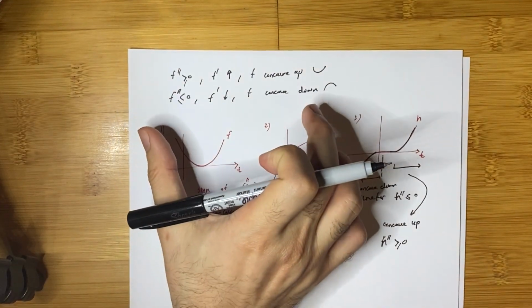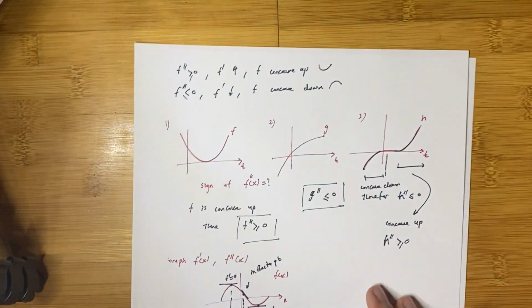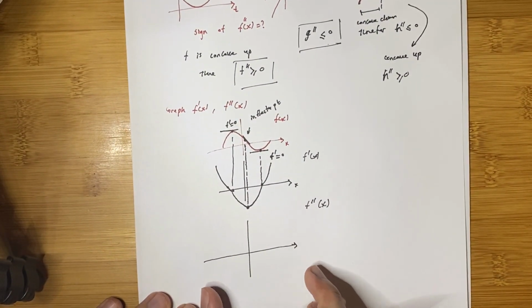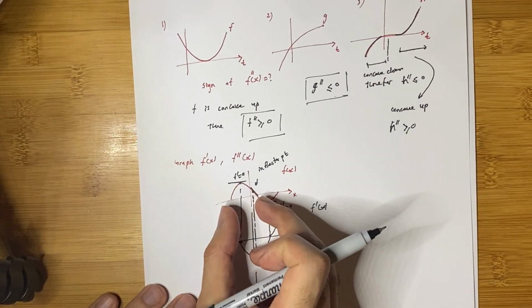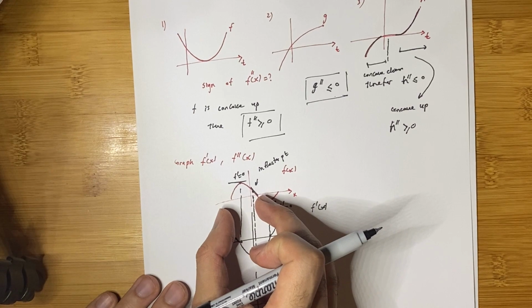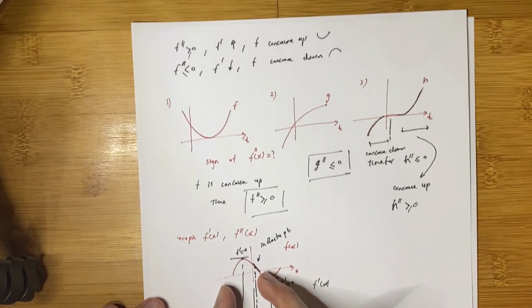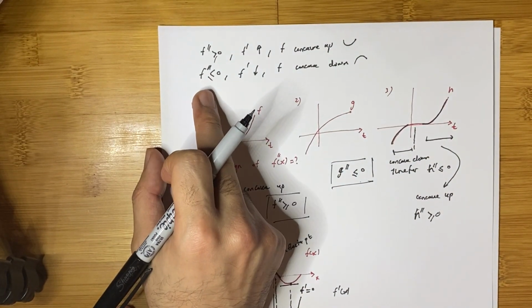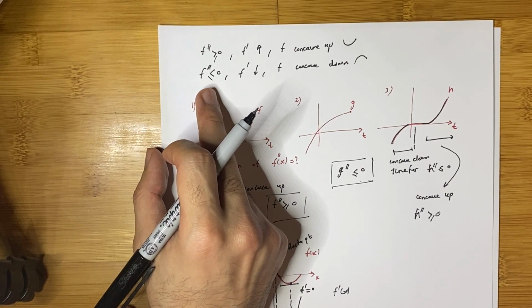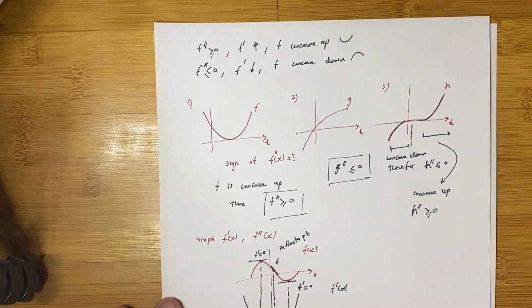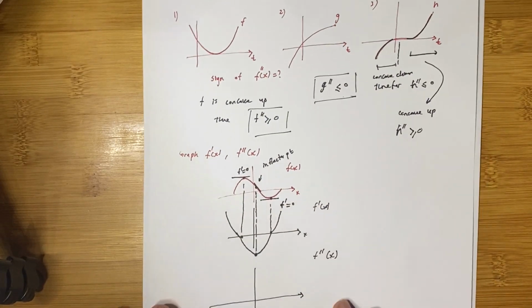We will use these rules here to figure out how to graph it. So for this section, what you can see is that this is concave down. F double prime should be less than or equal to 0 for this.